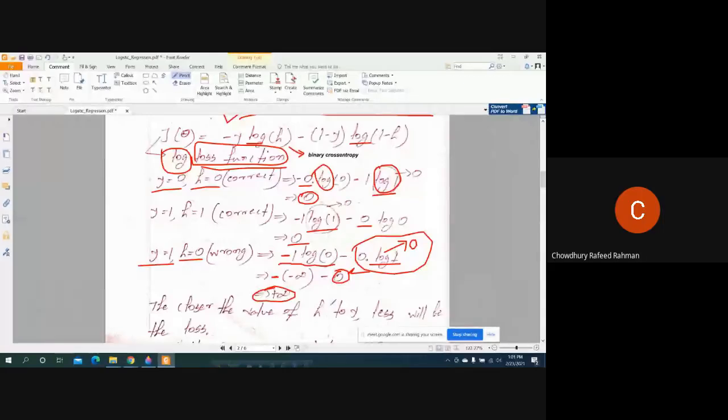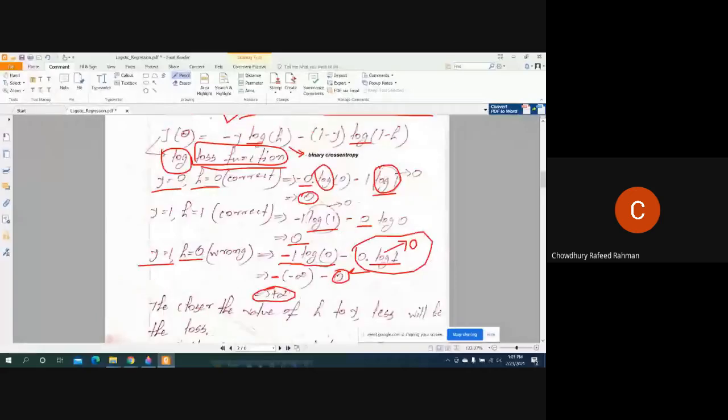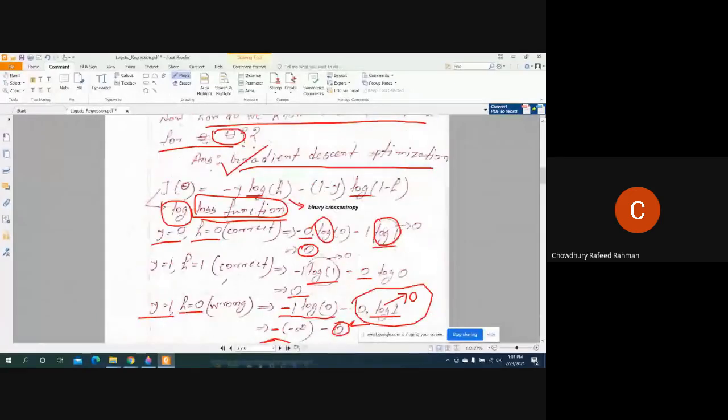That means this is going to be a very, very big value. And obviously this should be a big value because the prediction is horribly wrong. Okay. So is it clear? Yes, sir. So does everyone agree that this loss function meets the criteria of an ideal loss function?